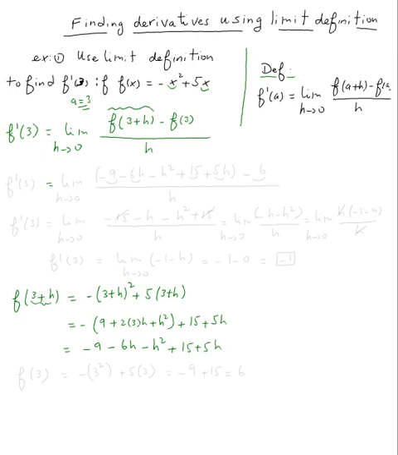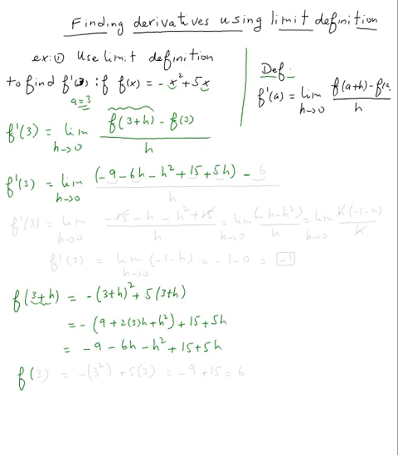Now I'm going to go back here. F prime of 3 is equal to the limit as h approaches 0 of f of 3 plus h, which we said is minus 9 minus 6h minus h squared plus 15 plus 5h, minus f of 3.